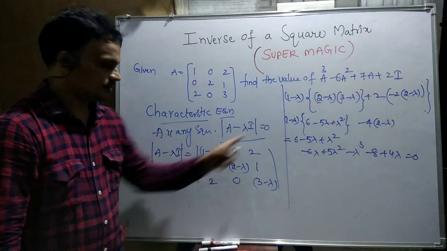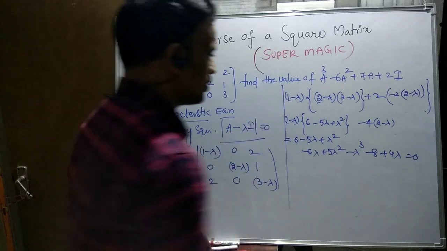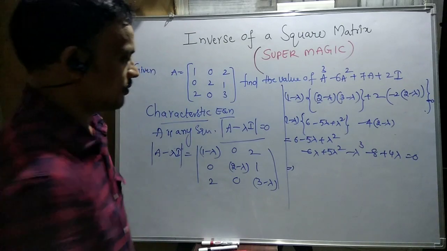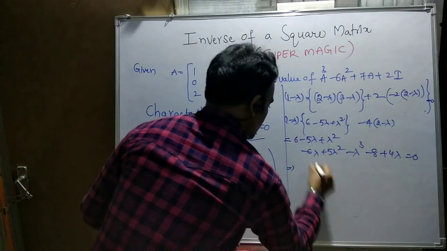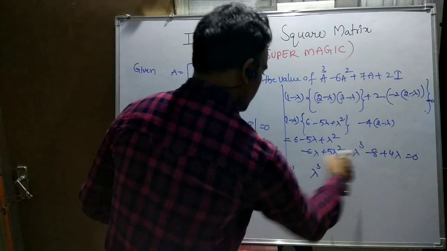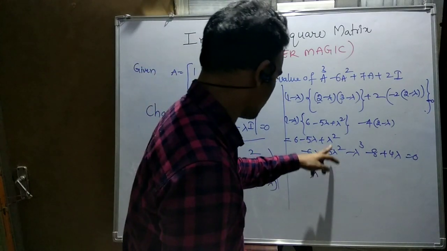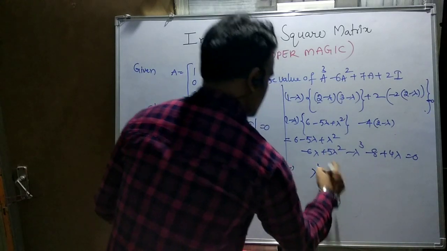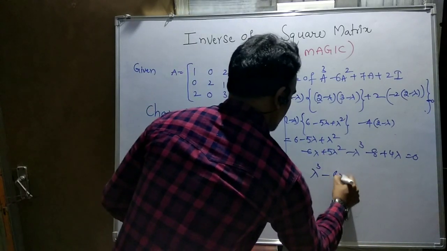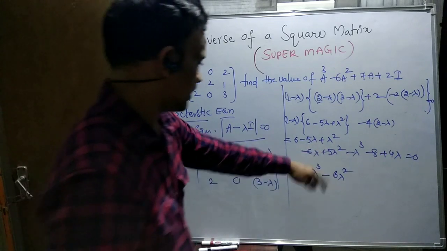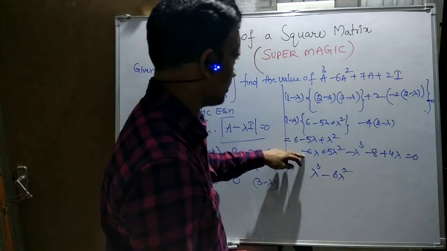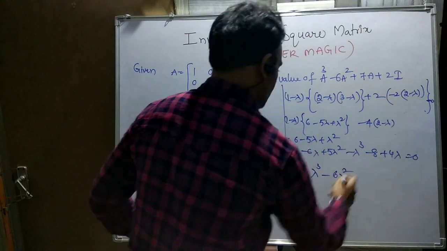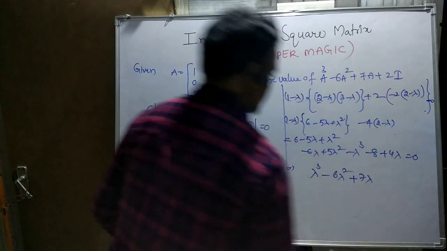A minus lambda I determinant equals 0. Simplifying that, we get lambda cube, and lambda square terms: minus 5 lambda square and minus 6 lambda square, so minus 11 lambda square. Then the lambda terms: plus 4 plus 7, this is plus 7 lambda.